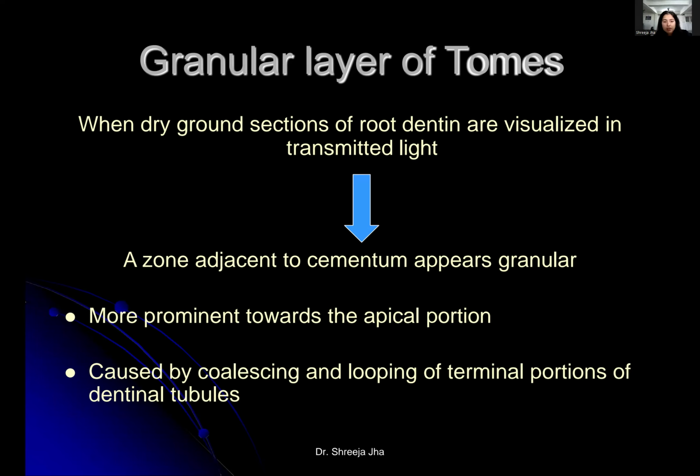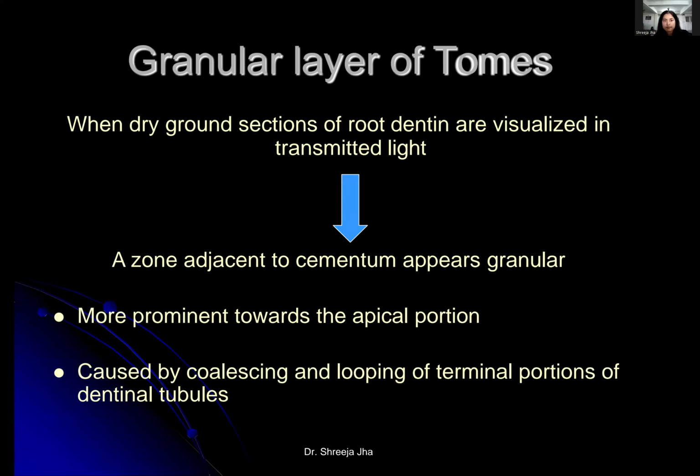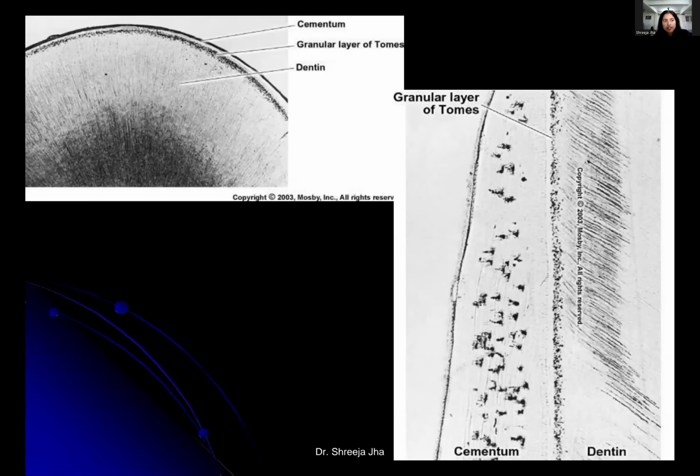It is more prominent towards the apical portion and is caused by coalescing and looping of the terminal portions of the dentinal tubules, which are S-shaped, as you remember. At the apical portion of the dentine, you can see a layer appreciated as the granular layer of Tomes.